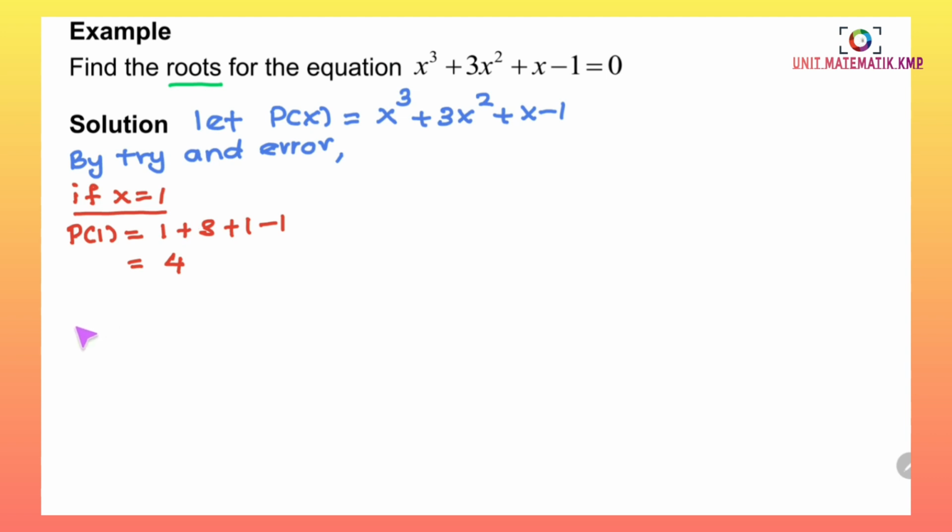Let's try x equal to -1. So p(-1) we have -1 power 3 is -1, plus 3 times -1 square is plus 3, and then minus 1 minus 1.